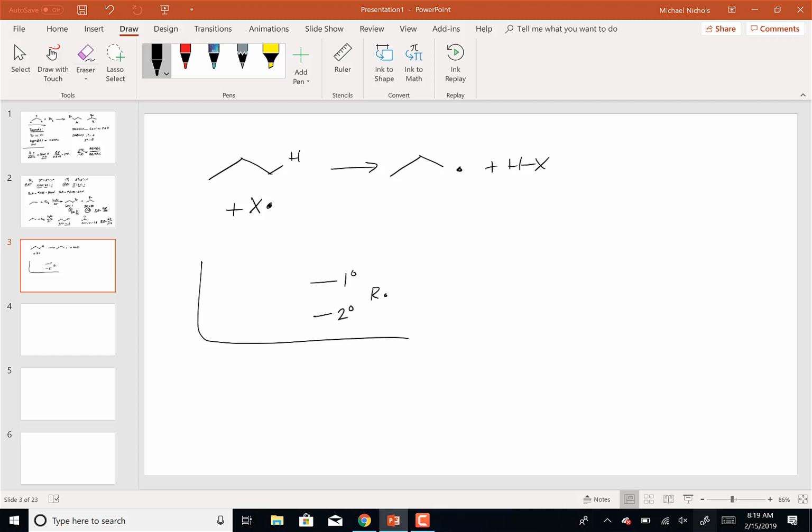So here's what we need to know. We need to know that for bromination, the reaction is endothermic. That step is endothermic. And for chlorination, that reaction is exothermic.